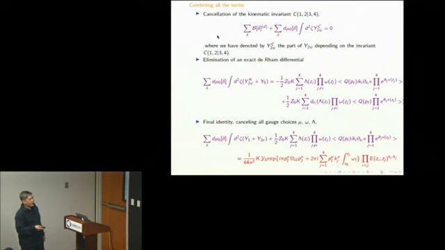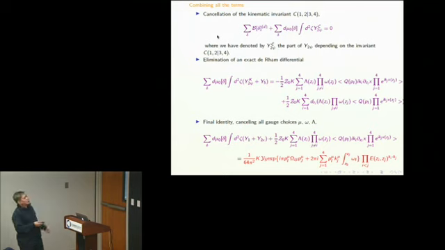And one arrives at this expression, which was the one for the holomorphic form that I had mentioned. So this is how the calculation goes. And let me just add a few words about these identities, how they come about.